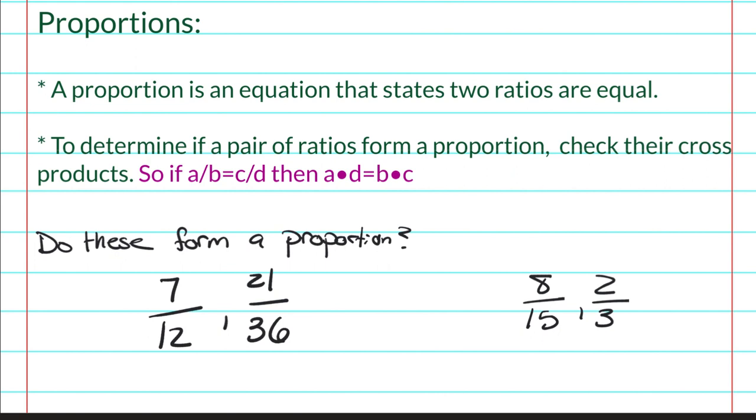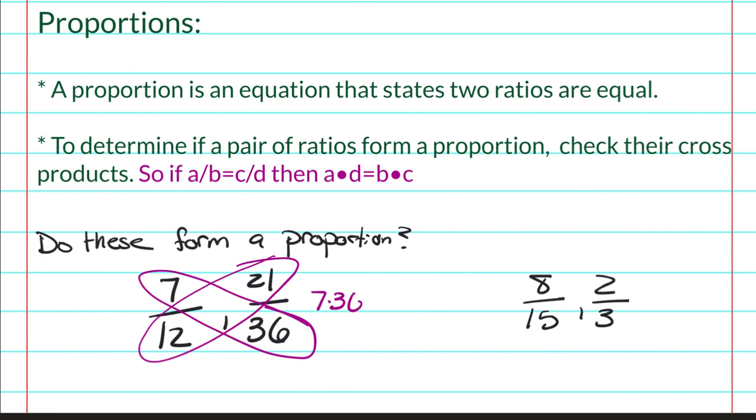So how does that work? Let's look at some examples here. On the first example, I have 7 over 12 and 21 over 36. Like it says above, if I cross multiply, these will be equal if they are proportional. So 7 times 36 equals 12 times 21.